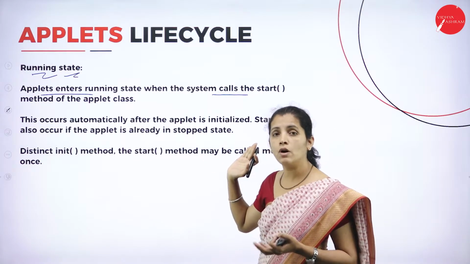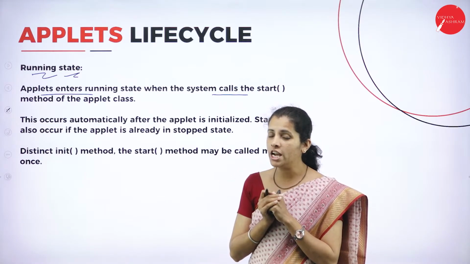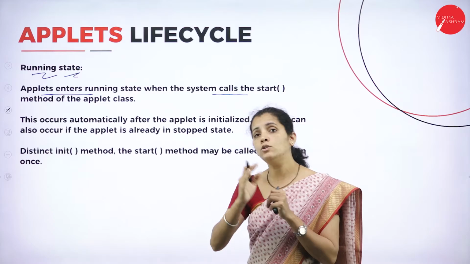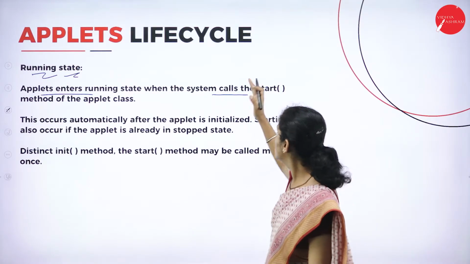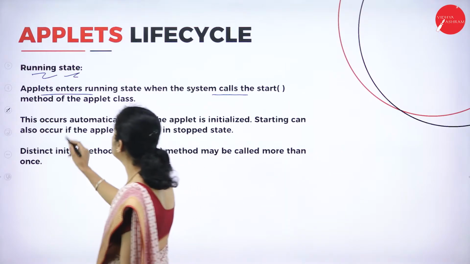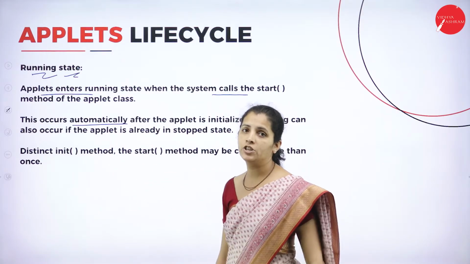When I make use of init method, applets are in born state and I want to make that to running state. How am I going to make it? By using start method, and this occurs automatically after the applet is initialized.